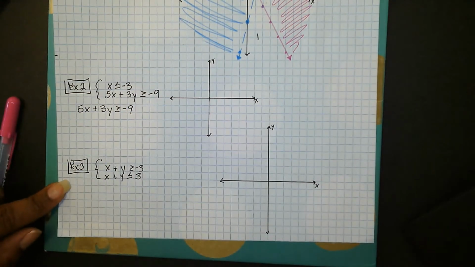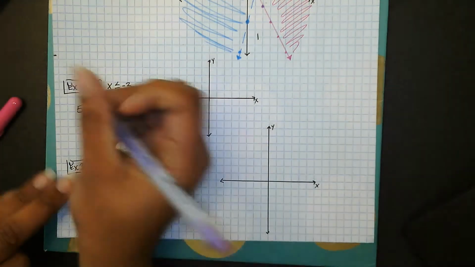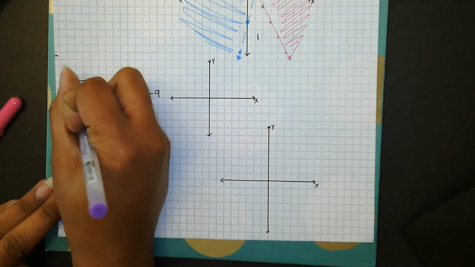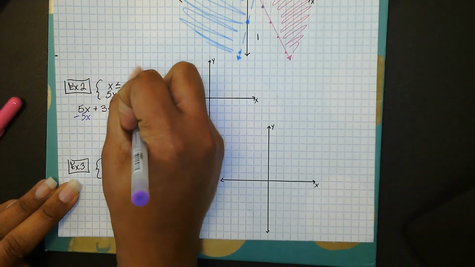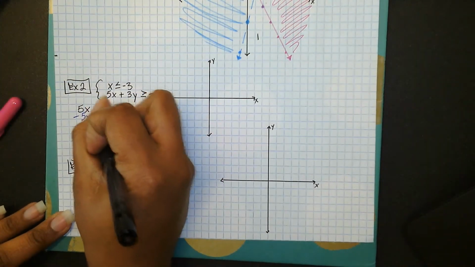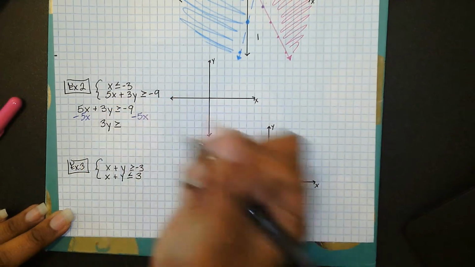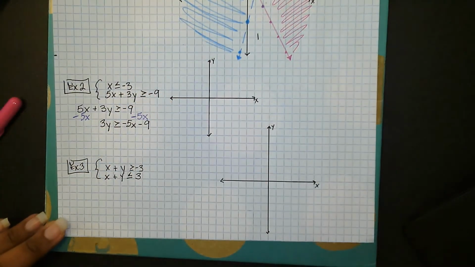So our first step in solving for y is to move the x term to the other side. Since we have a positive 5x, we're going to subtract 5x from both sides. So 3y is greater than or equal to negative 5x minus 9.